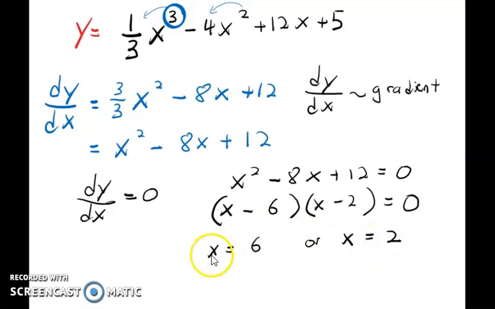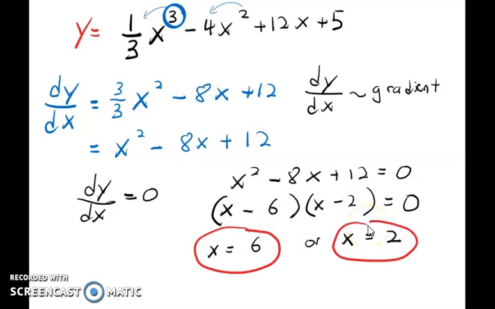To find the y value, you just have to take these values of x, 6 and 2, and substitute into the original equation. Remember, this differentiation is our step 1. Now we go to step 2.